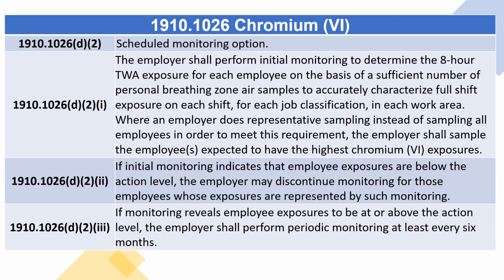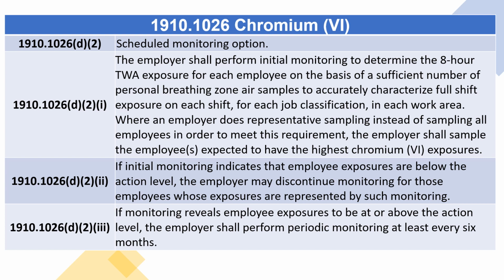1910.1026(d)(2), Scheduled Monitoring Option. 1910.1026(d)(2)(i) through (d)(2)(vi). The employer shall perform initial monitoring to determine the 8-hour TWA exposure for each employee on the basis of a sufficient number of personal breathing zone air samples to accurately characterize full shift exposure on each shift, for each job classification, in each work area.